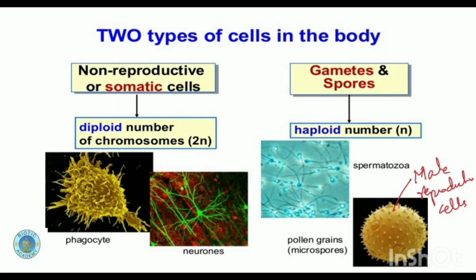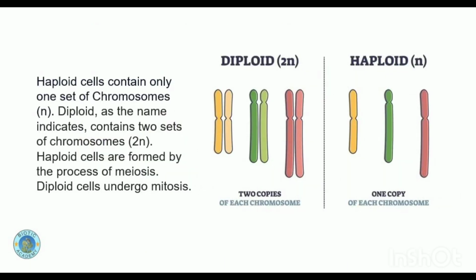Now, what is meant by diploid and haploid? Plants and animals have chromosomes in their cells. Chromosome is basically the genetic material present within the cell in the form of thread, but they arrange themselves at the time of cell division.